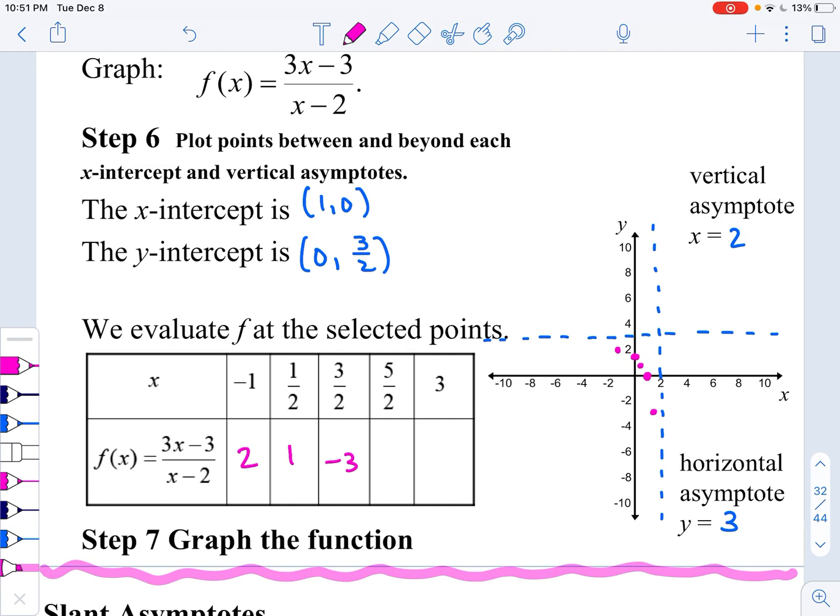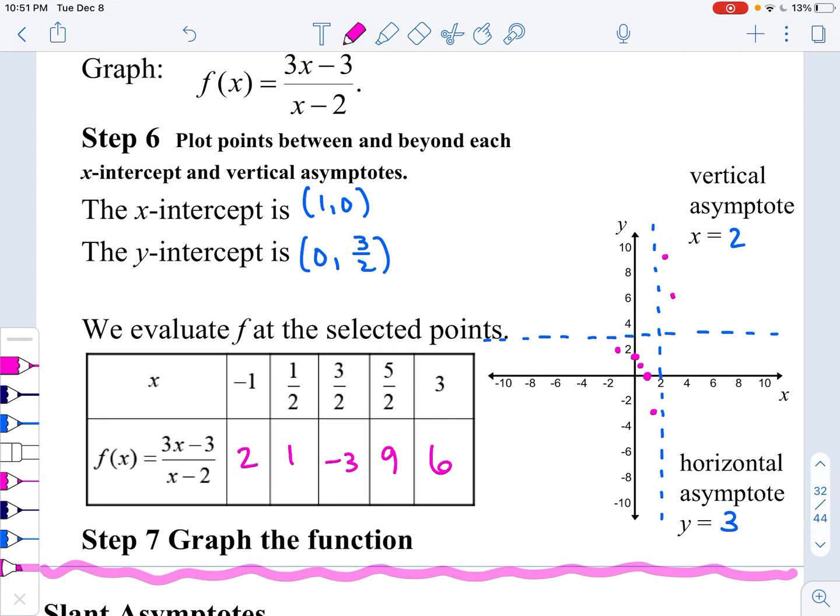At 2.5, it's going to give us positive 9. At 3, 3 times 3 is 9, minus 3 is 6, over 1, we end up with 6. So at 3, we're up at 6.